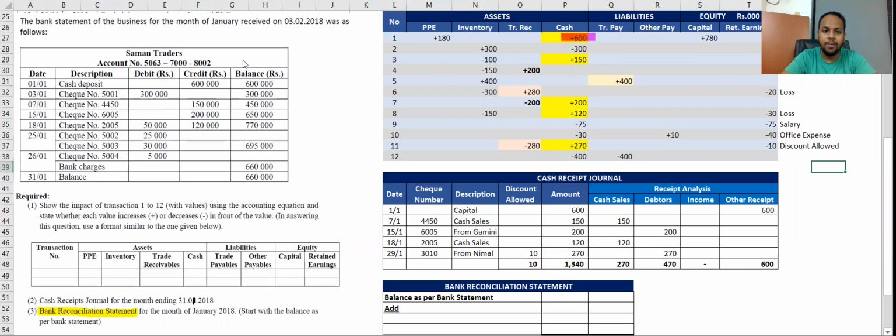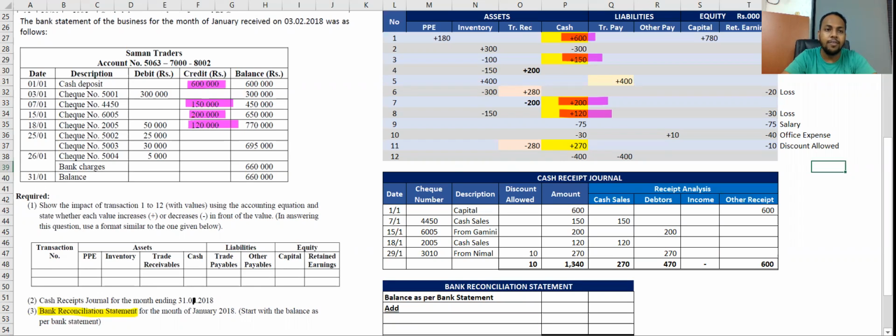So 600 is there in the business bank account and the bank statement. 150 was deposited and realized in the bank. 200, 120, all these are deposited to the bank and have been realized in the bank.